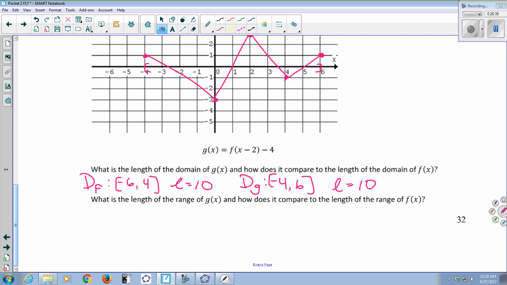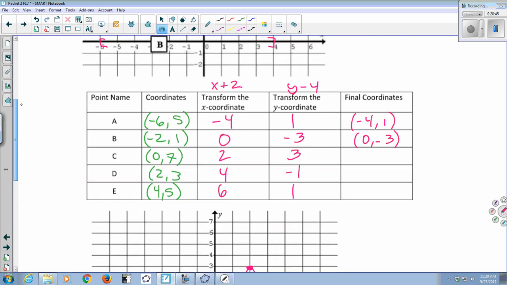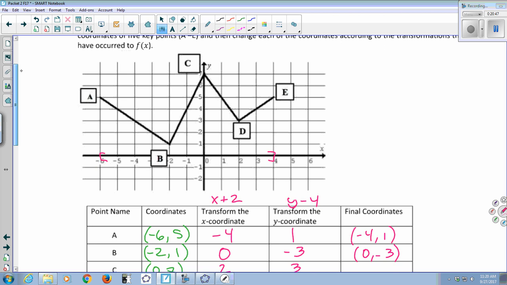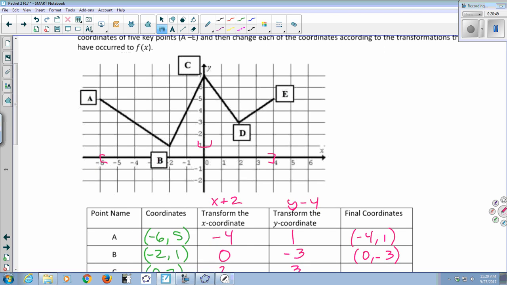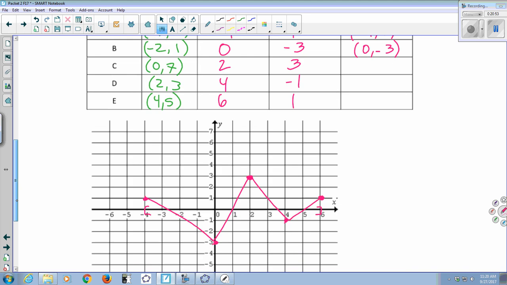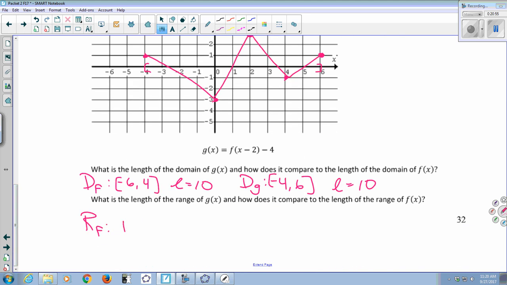All right, let's look at the range of f and the range of g and see if their lengths change. Okay, so the range of f, that's the lowest y to the highest y. So 1 to 7 was the range of f.